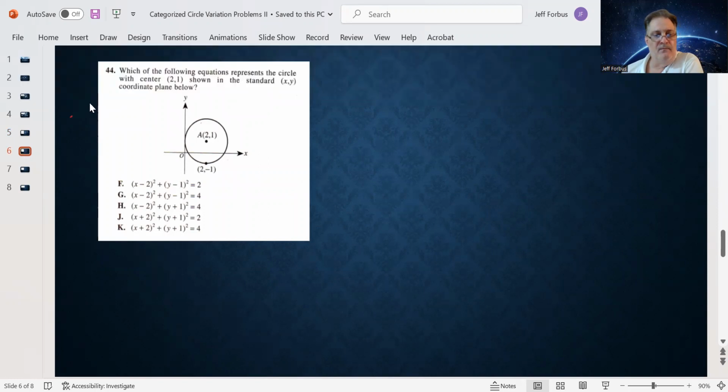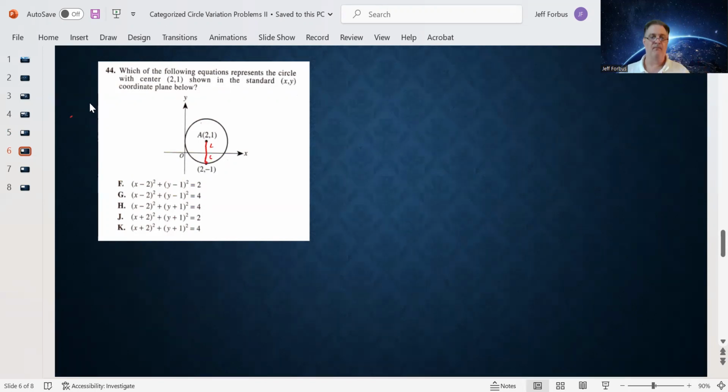We know from here to here is the radius. And we know our y value is 1 unit, so we're 1 unit above the x-axis. And then our y value below the x-axis is a -1. So that's 1 more unit below the x-axis.